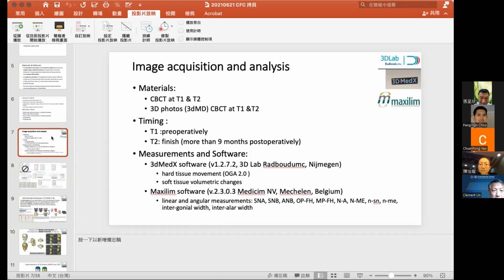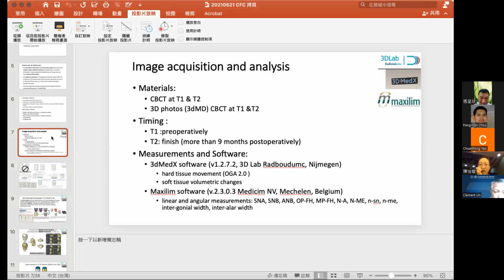Because sometimes we set the posterior bite in the surgical occlusion, do you consider that the counterclockwise occlusal plane change could be due to orthodontic factors, not surgical factors? Thank you.